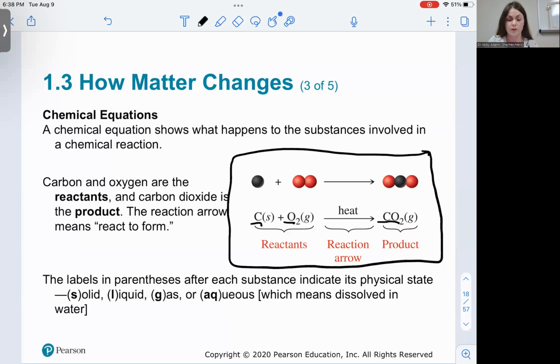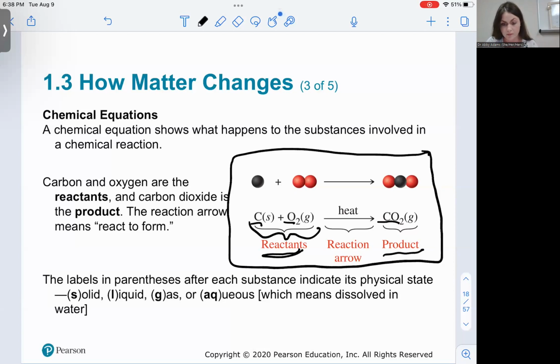And so the components involved in the reaction that react together are called the reactants. And you see that here, these are the reactants. Okay, so when they react, what did they produce? So it's just like if you react to something, that response is the production. It's the result. And here we have a product.